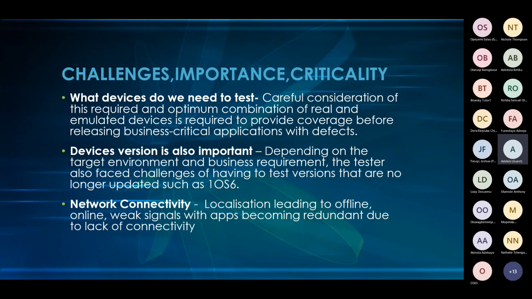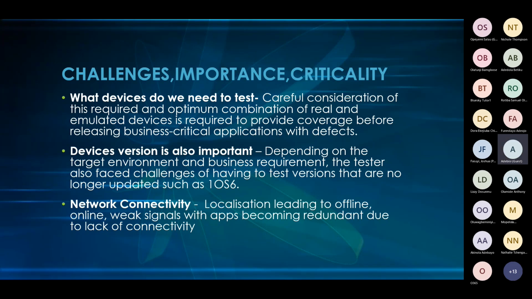So you have to know some localization, that if someone is underground, there's no network, as in that is how it's being built and how they want it. They don't want connectivity to occur underground when you are boarding a train. That is part of it. Then which devices are online, which areas will be online, which areas will be offline, then weak signals with hubs, then becoming redundant due to lack of connectivity.